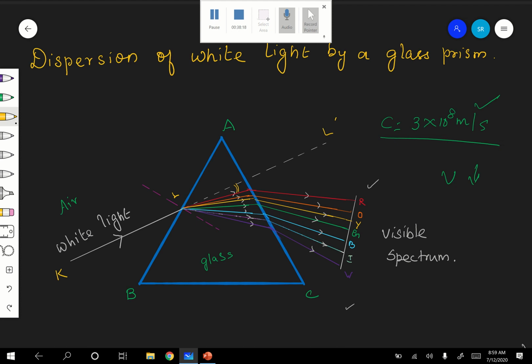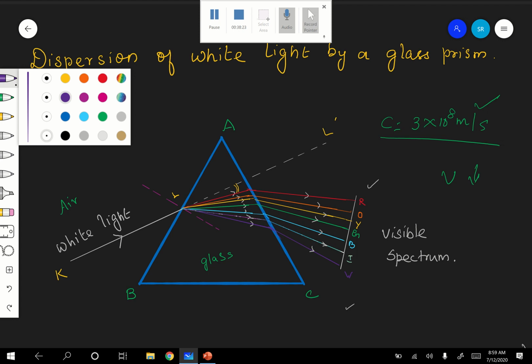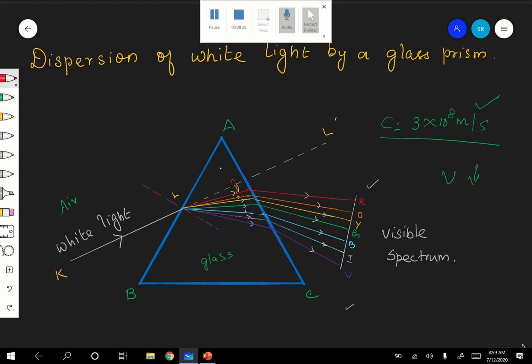Let me show with the red color itself, because I am trying my best to make you understand. This is D, the deviation for red color. And now see violet.